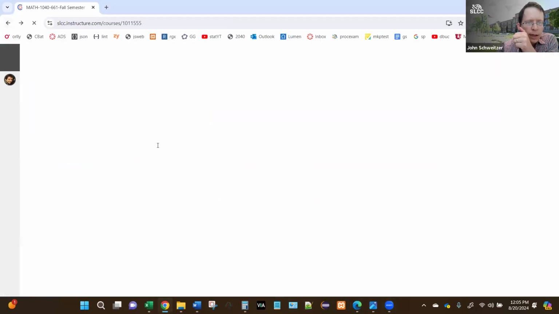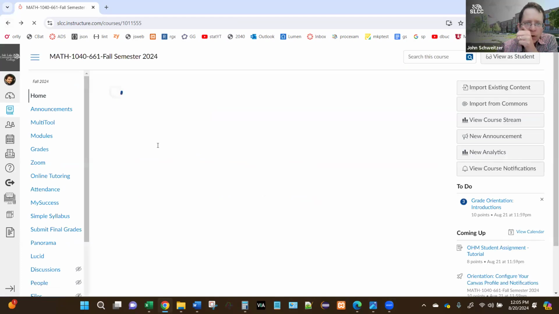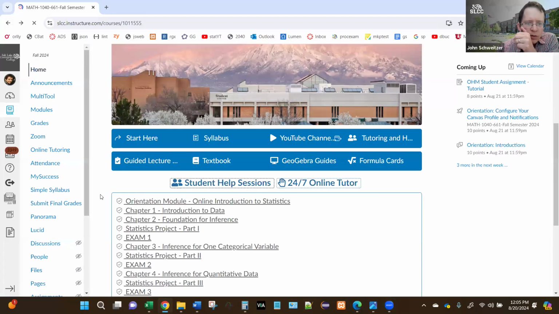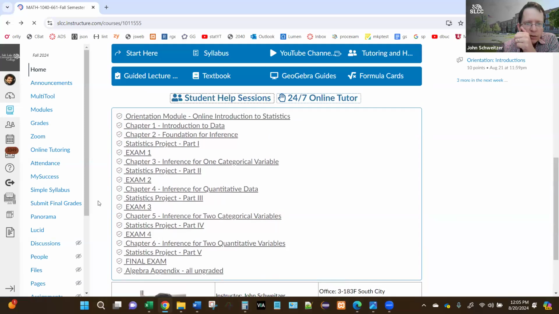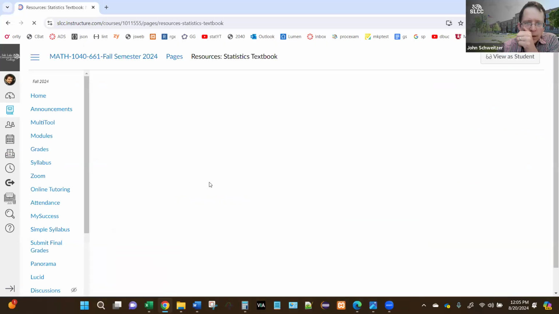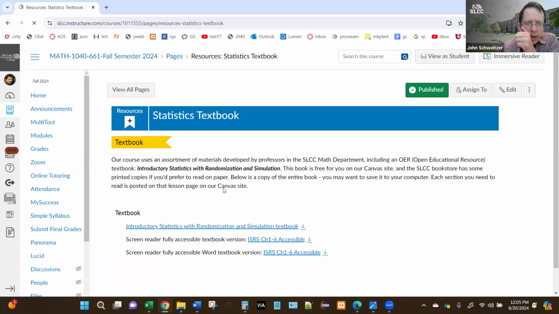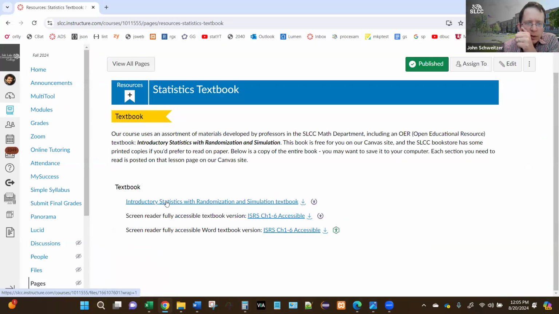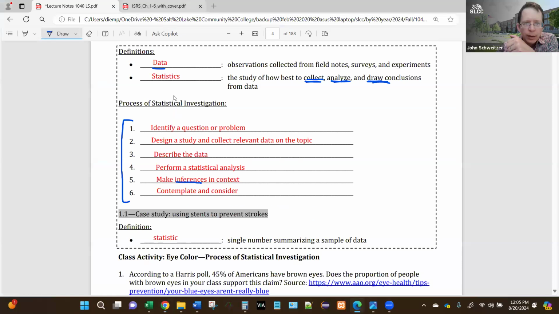And I want to have a look at a journal article describing a study that was done. So to get to the textbook, you come to the home page and then textbook. And then it's this Introductory Statistics with Randomization and Simulation textbook. So ISRS. So download that. And let's open that up.